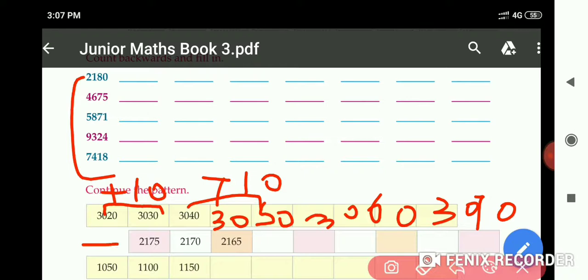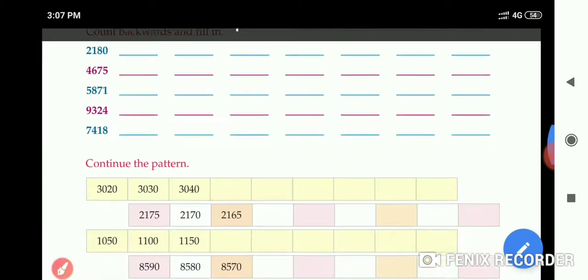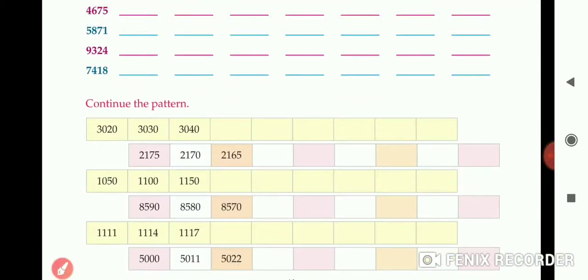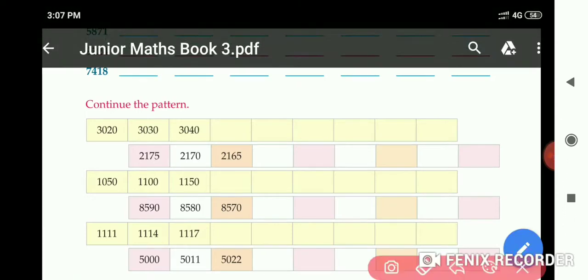Now next, 2175, 2170. In this question, at each step minus 5 is there. So at each step we subtract 5 and we will get the answer 2165, 2160, 2155, 2150, 2145, 2140, 2135.